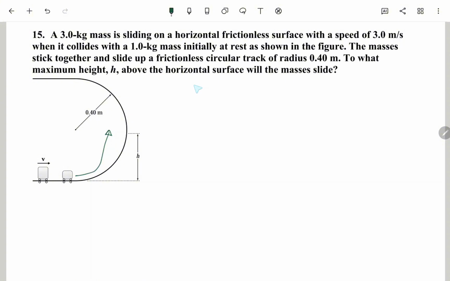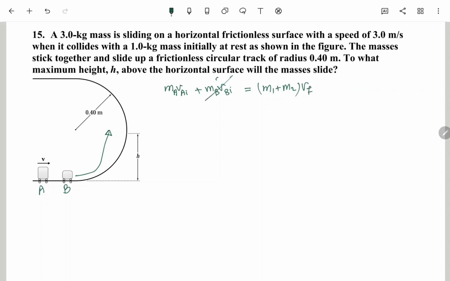Now momentum is conserved, so M1, named MA, VA initial plus MB, VB initial, this one is A and this is B, equals m1 plus m2 times v final.